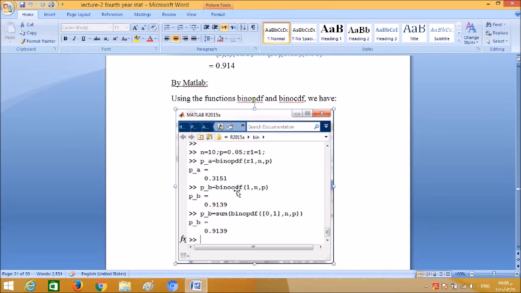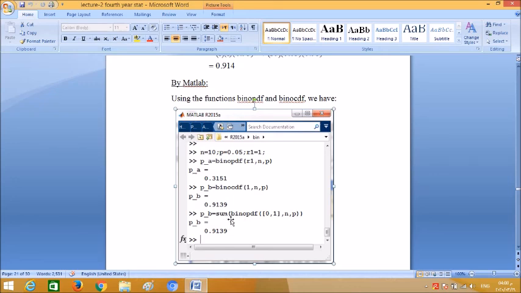We can also compute the second probability by sum of binopdf instead of binocdf, but it's better to use binocdf, okay? So this is to ensure that the binocdf is the summation of binopdf.